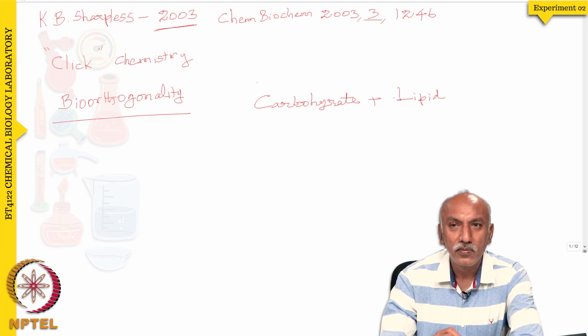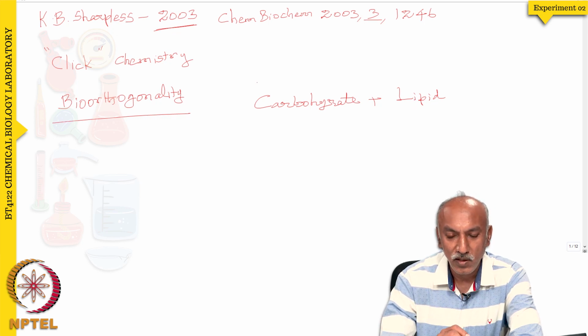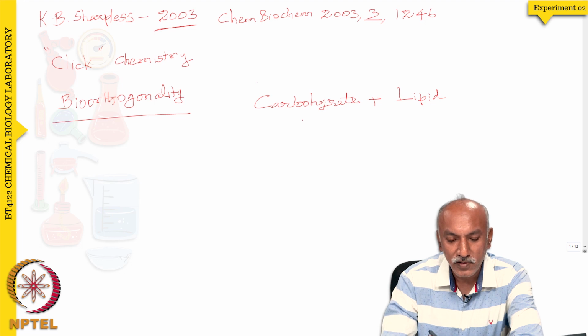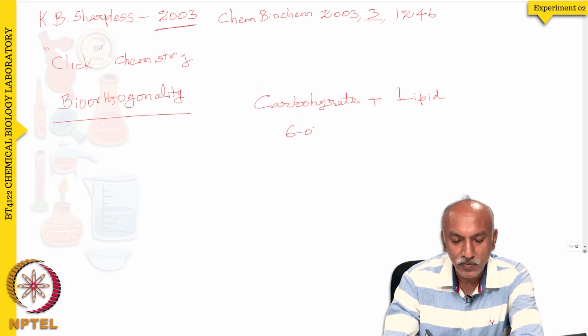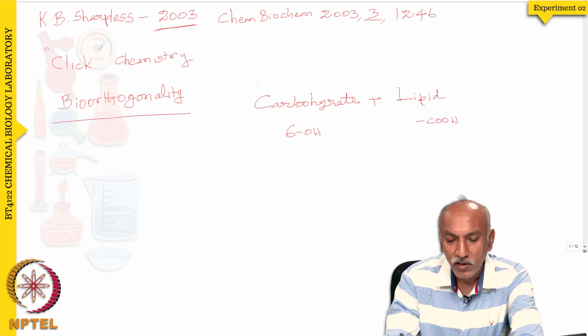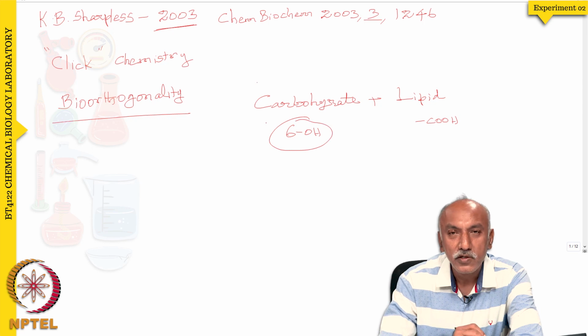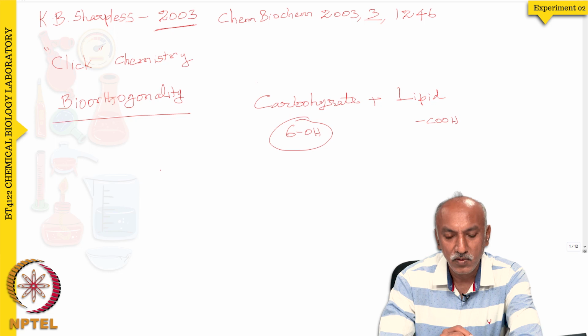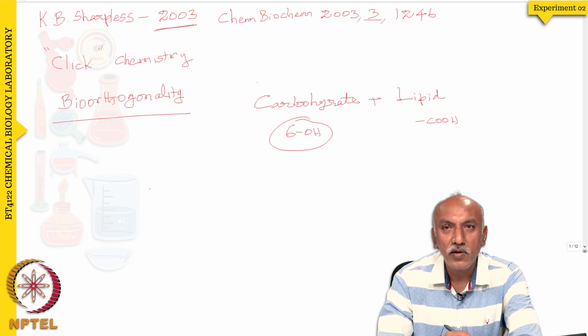How will you do it? This is one of the challenges, because a carbohydrate has nearly 6 hydroxyl groups, and a lipid may have a fatty acid with only one COOH. Specifically linking the lipid to any one of the hydroxyl groups is a challenge. So, how do we do that? That is possible if we are able to perform click chemistry.